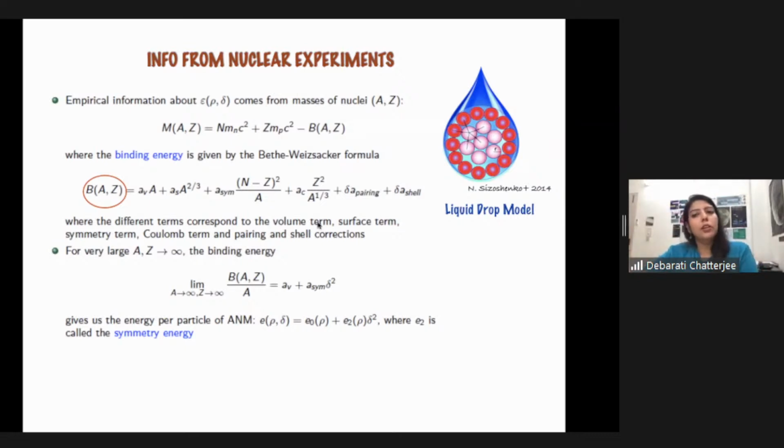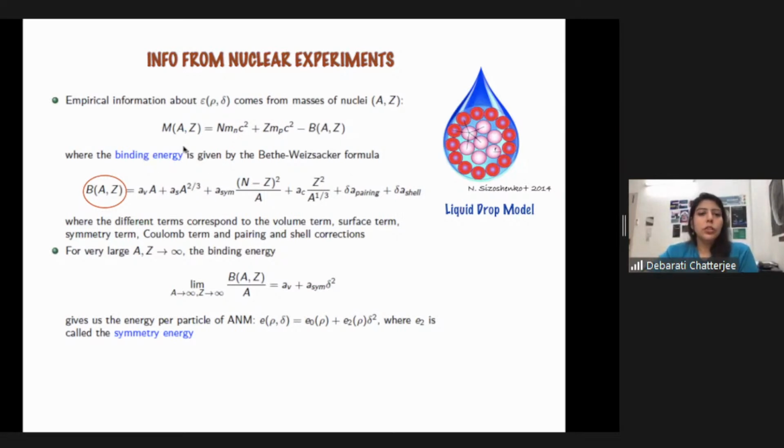This is the fun part of neutron stars. We went from general relativity to particle physics, and now we are in nuclear physics territory. So in nuclear physics, we know that binding energy is actually the difference between the masses of nuclei and the free neutrons and protons. Okay, so this is something that binds the nucleus.